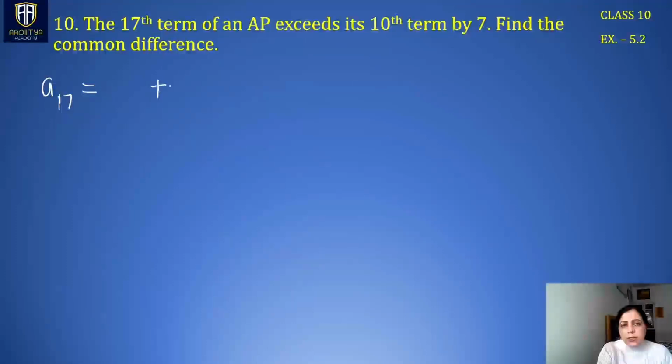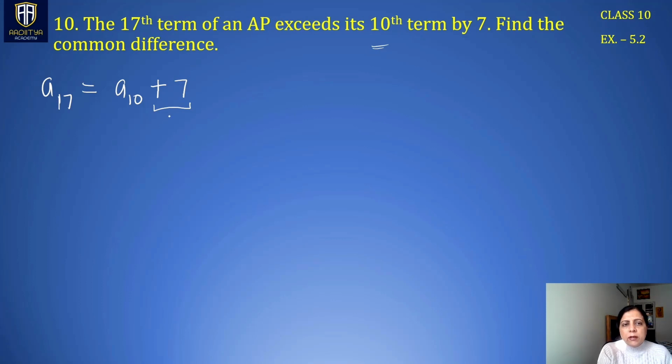So we write more and less on the right hand side of the basic thing. It is more than the 10th term by 7. The 17th term is 7 more than the 10th term.